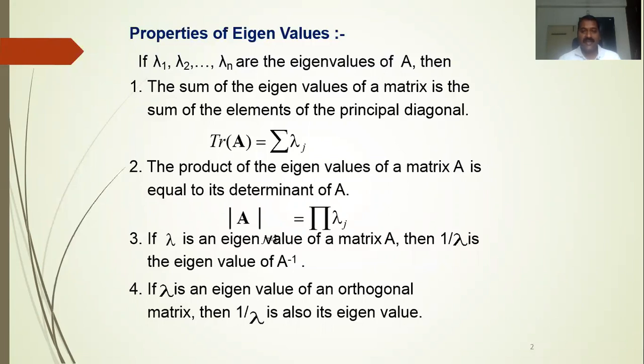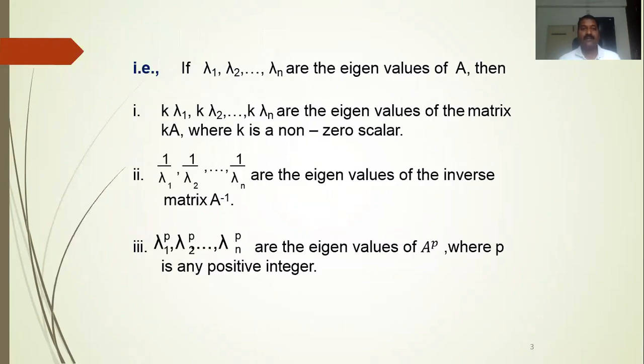If 2 is an eigenvalue of a matrix A, then the eigenvalue of A inverse will be 1/2. If λ = 2, 4, 6 are the eigenvalues, then the eigenvalues of A inverse are 1/2, 1/4, and 1/6.